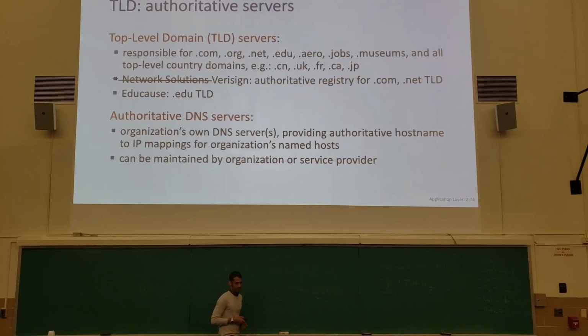TLD servers, these are examples, .com, .edu, and then country level domains like China or UK, France, Canada, Japan, and so on. The textbook I think still says Network Solutions owns .com. It's not, VeriSign for a few years now has owned the .com domain. These TLDs are for businesses, corporations, institutions, organizations with domains.